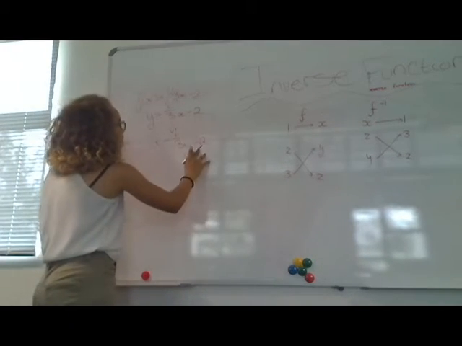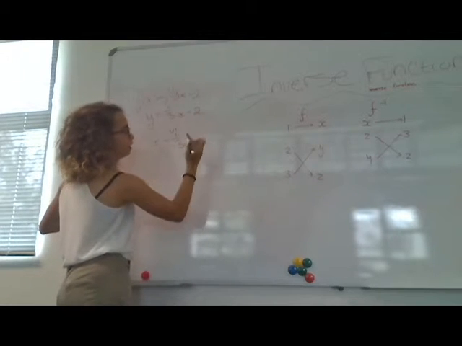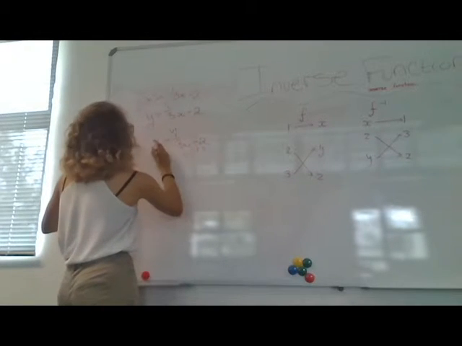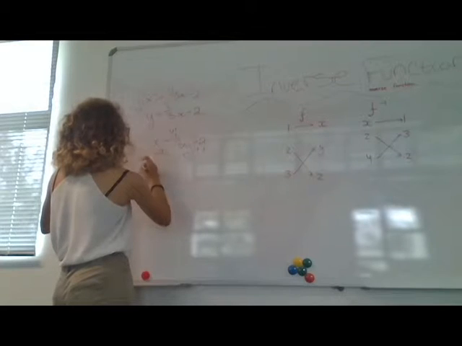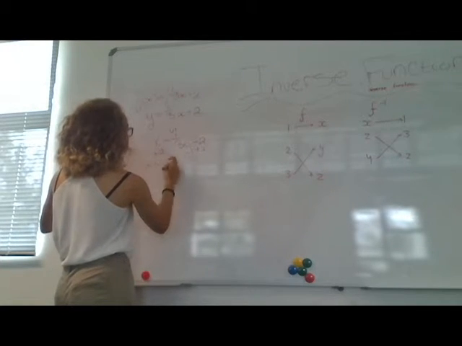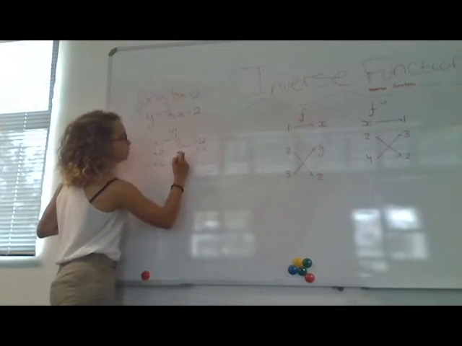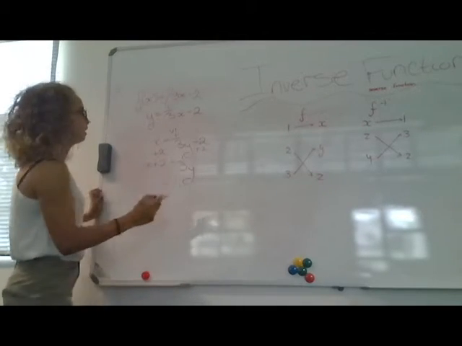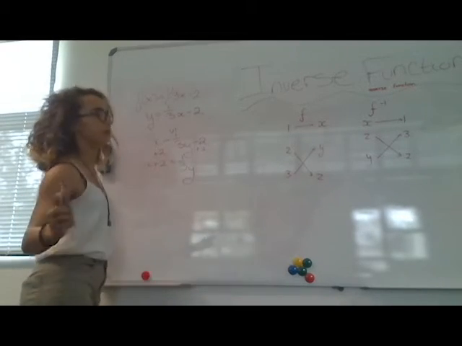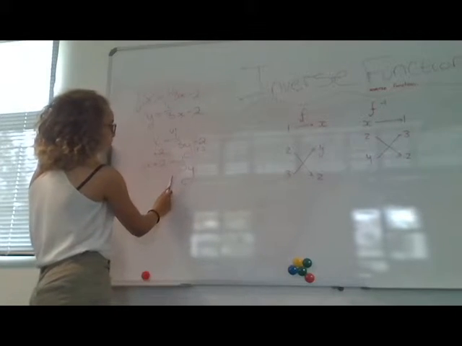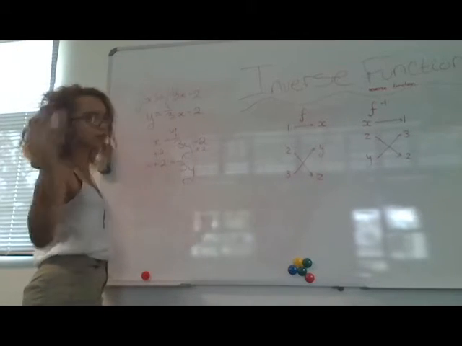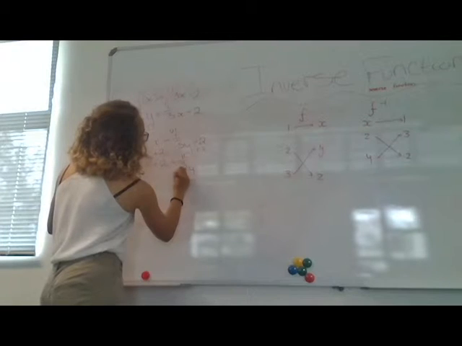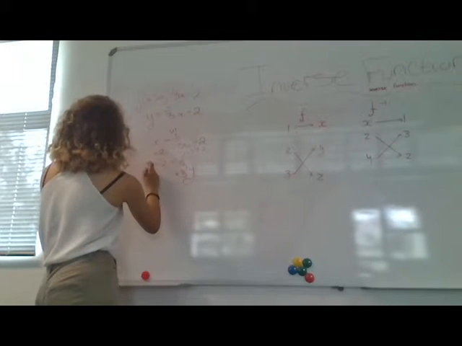Then we want to get the y on its own, so we start with this 2 over here. So we add 2 to both sides. So it becomes x plus 2 is equal to 1/3 y. Okay, but we still don't have y on its own. And so this is a fraction, so it's division, so we have to multiply. So multiply by 3 on both sides.